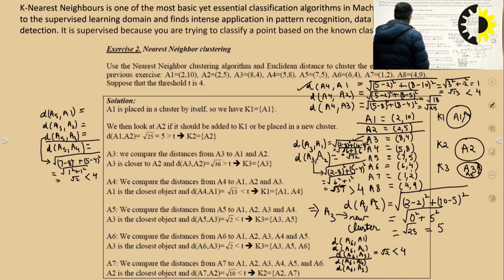So we keep on proceeding like this, and we take up the next point, A7.